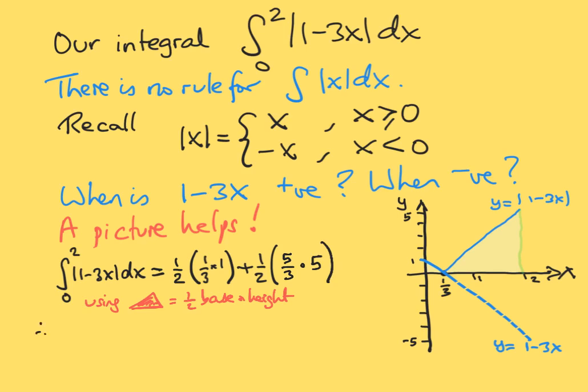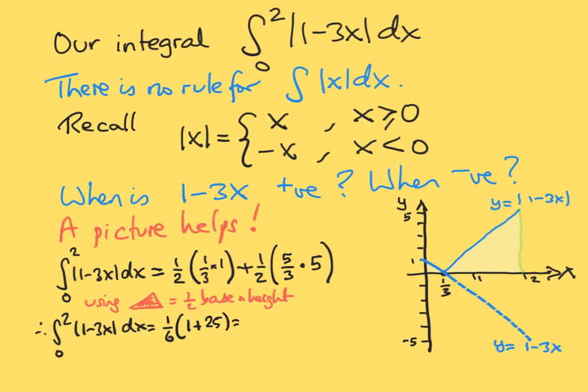So therefore our integral from 0 to 2 of the modulus of 1 minus 3x dx is going to be, well, a half is a common factor, so I'll pull it out, and a third is also a common factor, I'll pull it out, and a half times a third is a sixth. And that's multiplied by 1 plus, and then here we have 5 times 5, so that's 25.